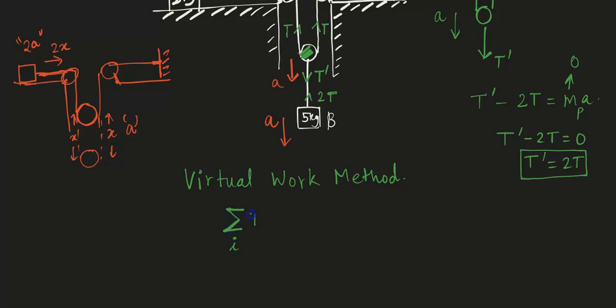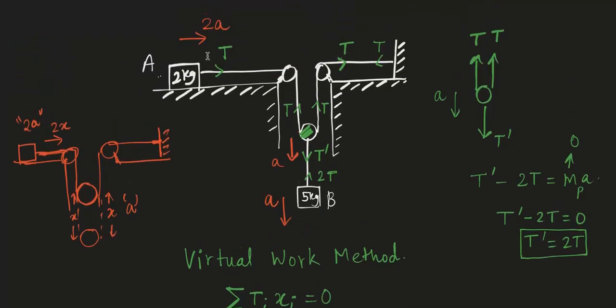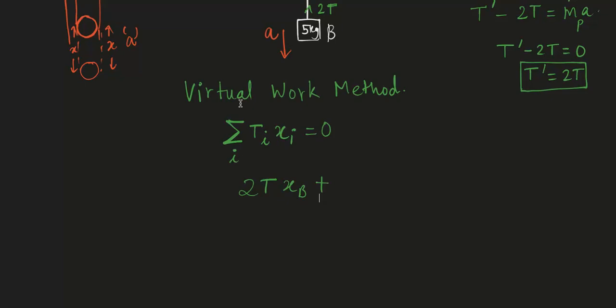That is, summation over i of Ti xi is equal to 0, where Ti is the tension of the ith object multiplied by the displacement of that ith object. So for block B, the tension is 2T, so I will write 2T times xb, where xb is the displacement. And here I will write plus T times xa. The addition of these must be 0.